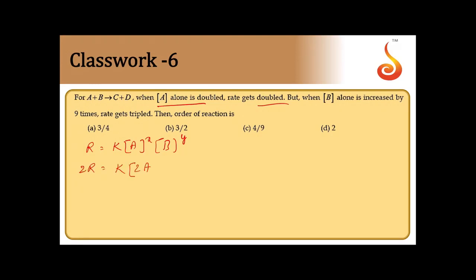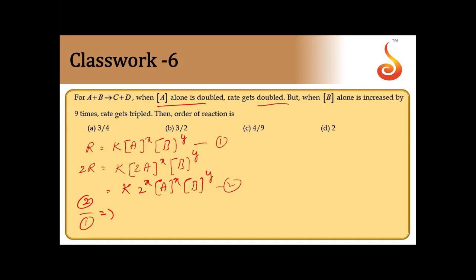So 2A to the power of X, and then B to the power of Y, which is equal to K into 2 power X, A power X, B power Y. Let us take this as equation 1, this as equation 2. Dividing equation 2 by 1, this implies we are going to get 2 is equal to 2 to the power of X, implies X is equal to 1. We got the value of X as 1.